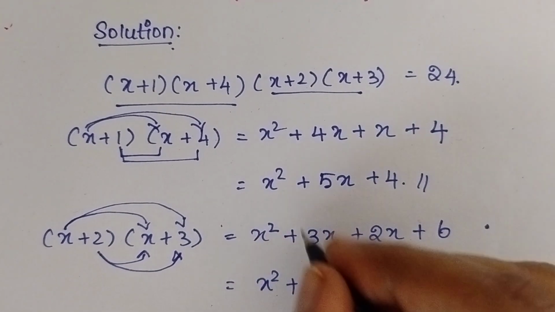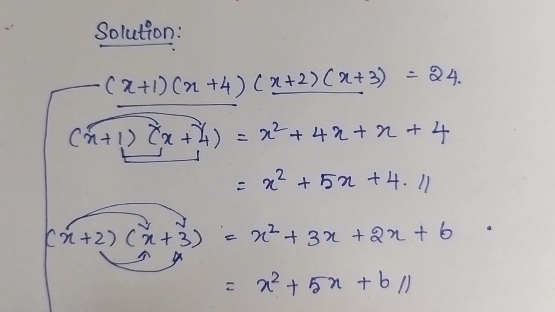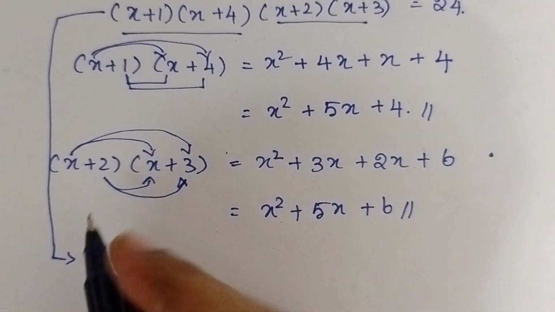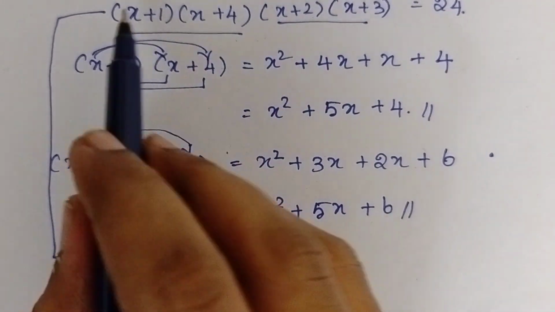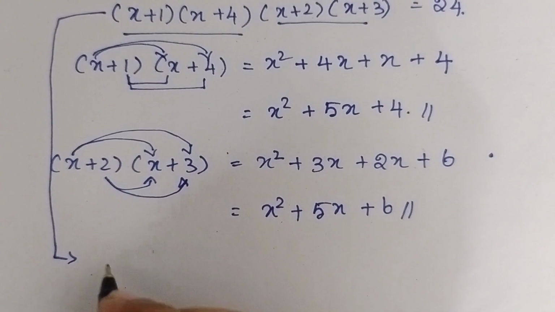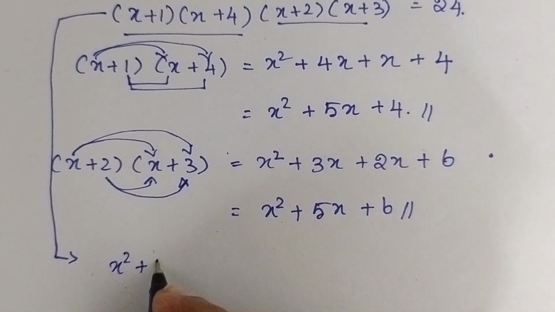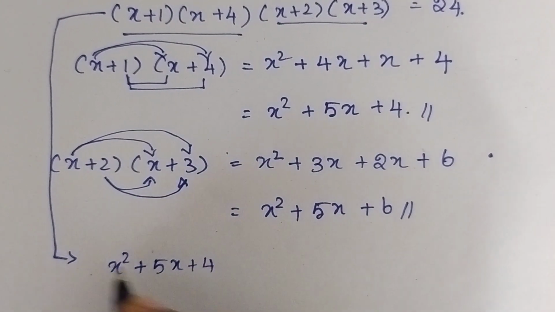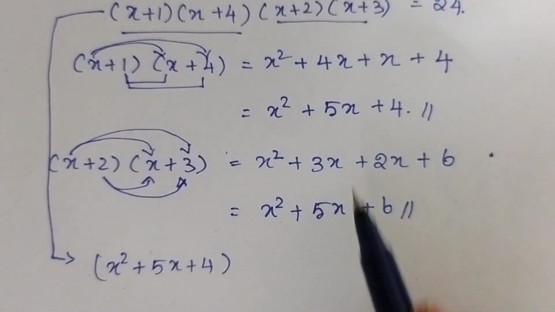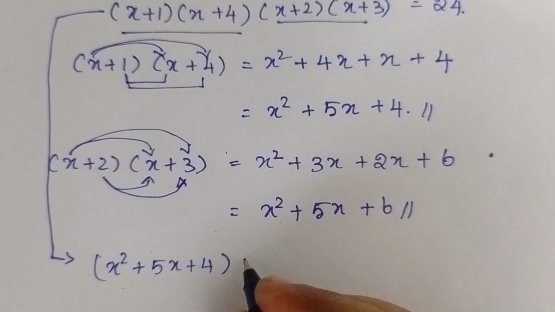Now I'm going to apply these two equations in the place of these two. Therefore, this equation becomes: x plus 1 into x plus 4 gives this equation, so I'm going to write x squared plus 5x plus 4, into, similarly, x plus 2 into x plus 3 gives this equation, so I'm going to write that.